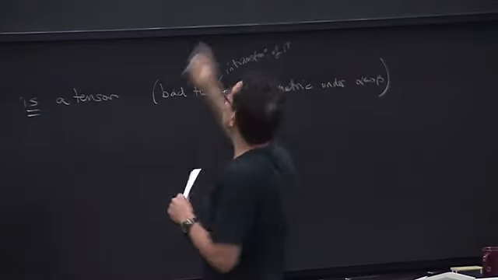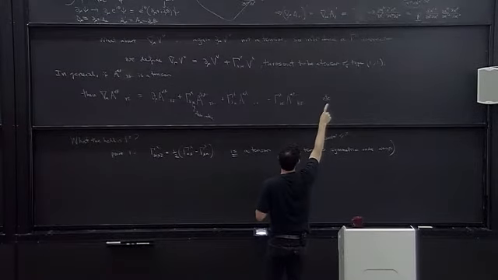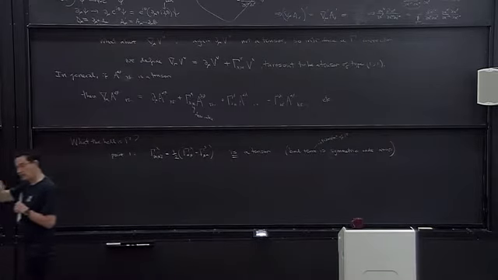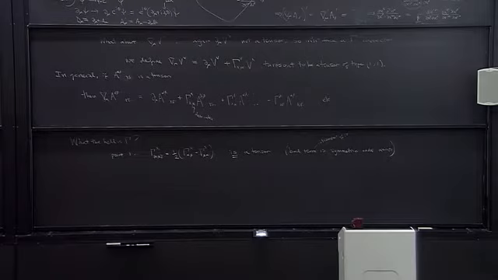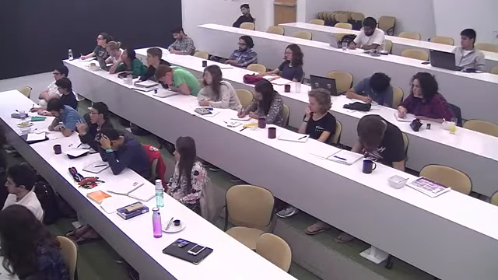Why is that? Because you look at the bad term, it's up there. It's the second term. It's symmetric under alpha and mu, which are the lower two indices. So I take gamma alpha mu minus gamma mu alpha, that bad term cancels. So this is a tensor.